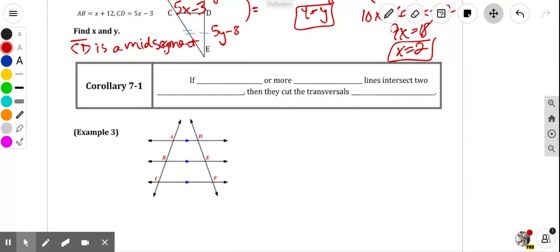And so this corollary says that if 3 or more parallel lines intersect 2 transversals, forgot how to spell for a second there, 2 transversals, then they cut the transversals proportionally.